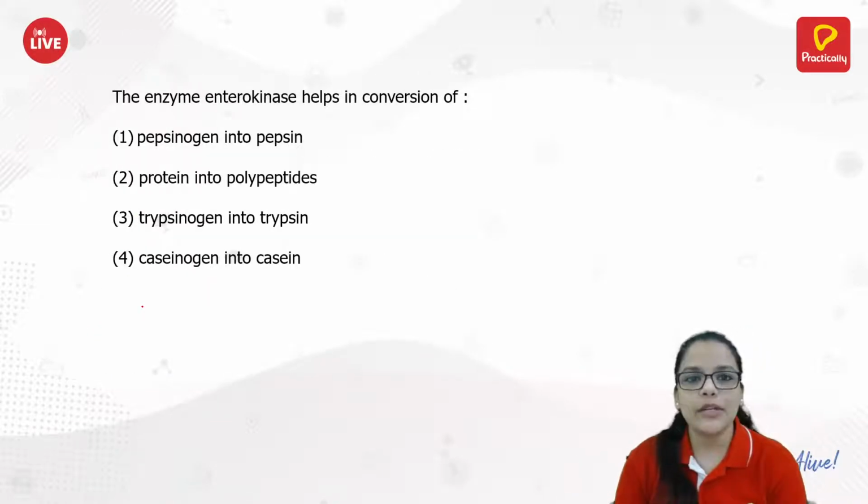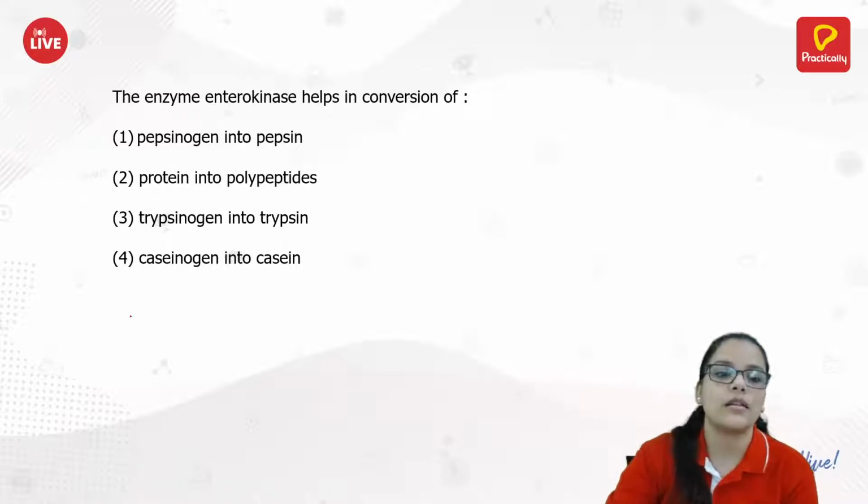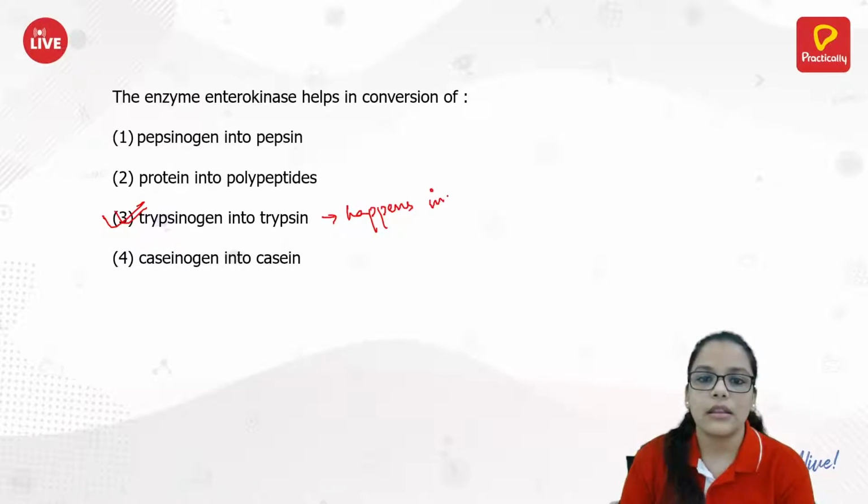Okay, enzyme enterokinase helps in the conversion of pepsinogen to pepsin, protein to polypeptides, trypsinogen to trypsin, caseinogen to casein. The answer is trypsinogen to trypsin, which happens in the intestines.